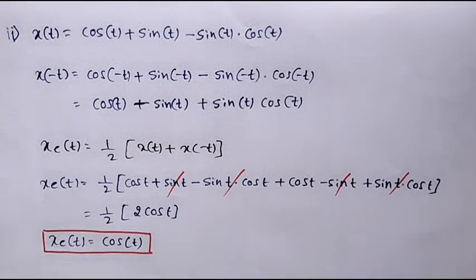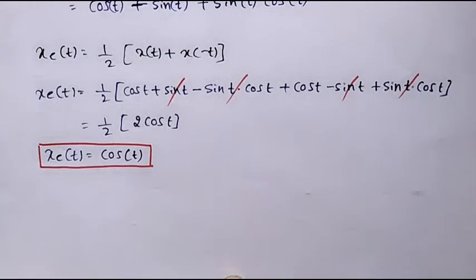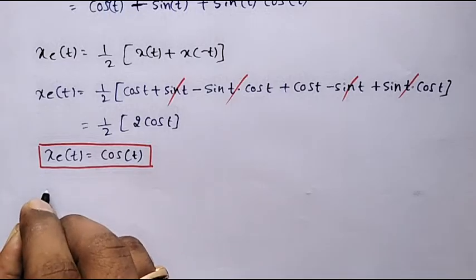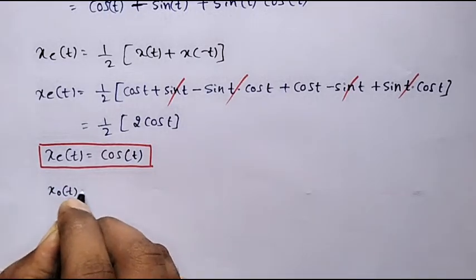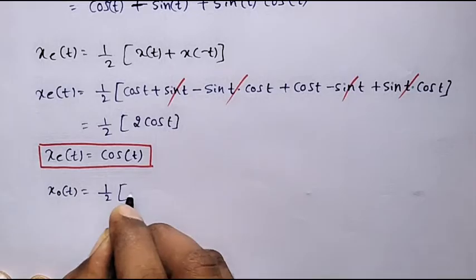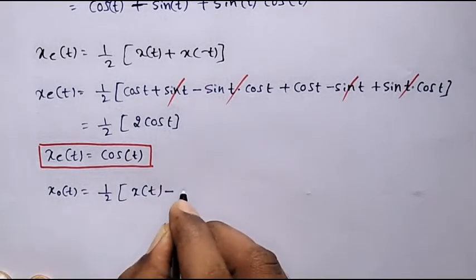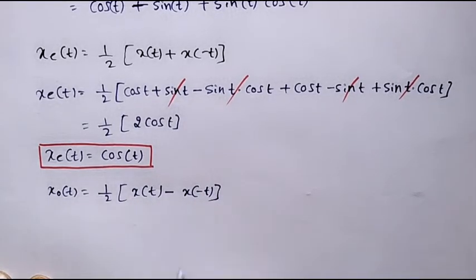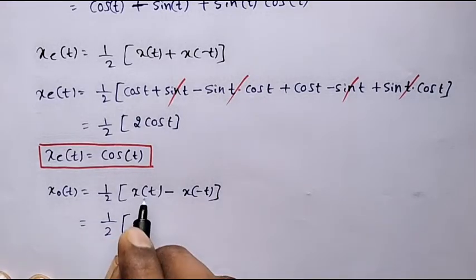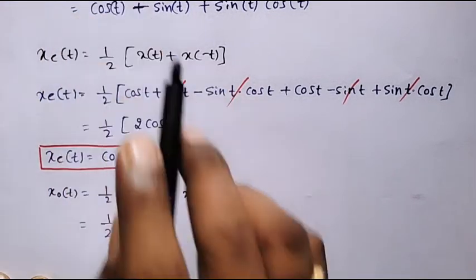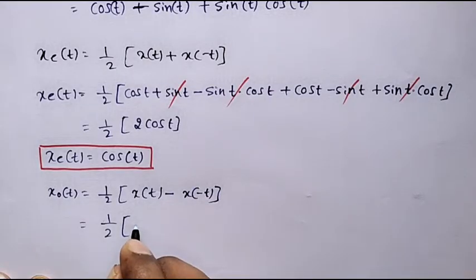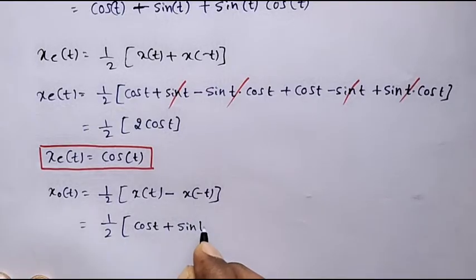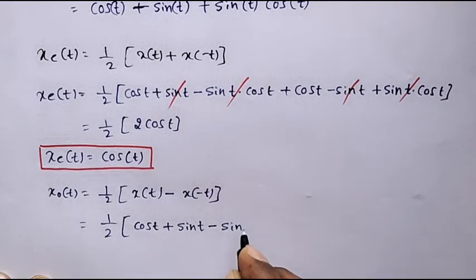Now let's calculate odd component of the signal. Odd component is calculated using the relation xo of t is equal to half of x of t minus x of minus t. We'll substitute the values. 1 by 2, x of t is cos t, that is same given signal, cos t plus sin t minus sin t into cos t.